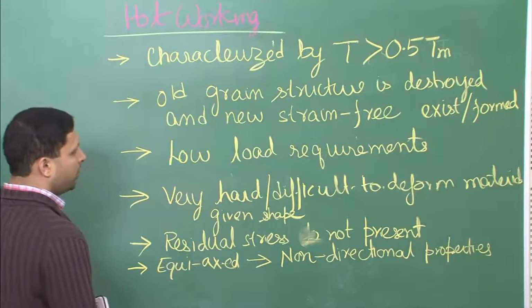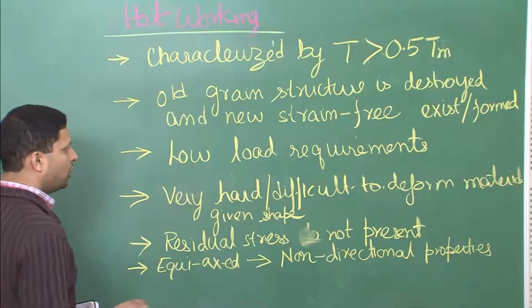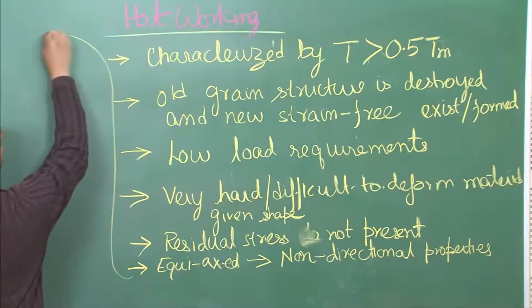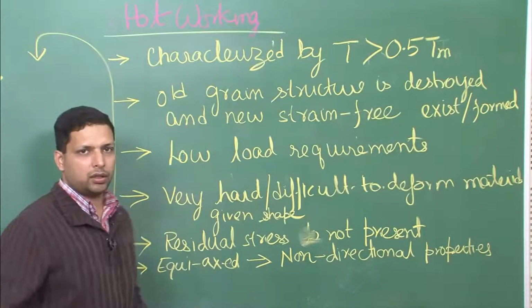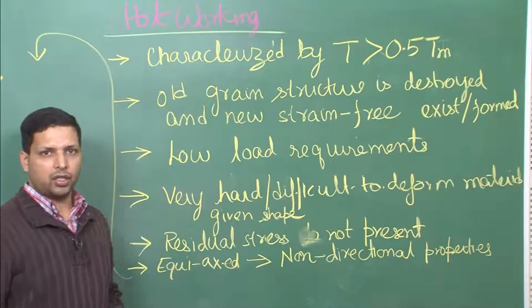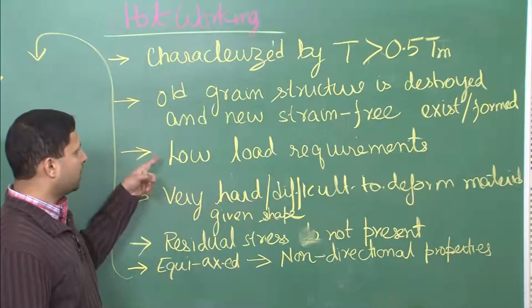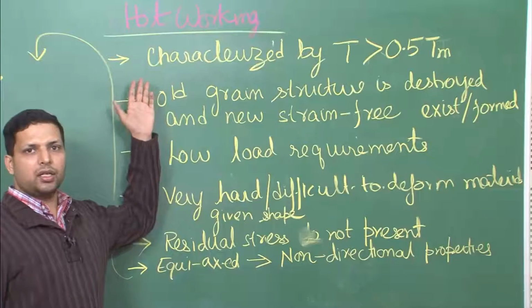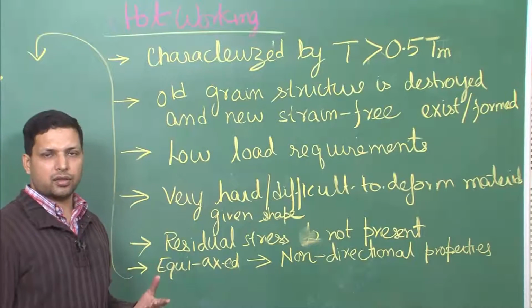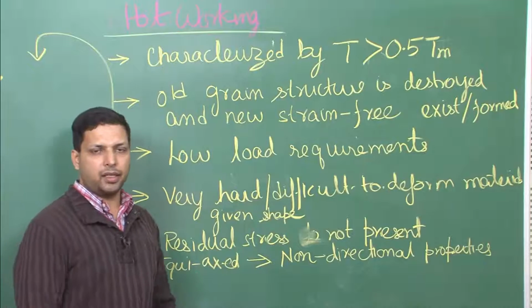And another very important aspect of hot working, I will write it over here. We have seen that with the effect of high temperature, we need low stresses, that has already been given here. We also know that because of the effect of high temperature, higher strains are possible or higher ductility is possible.